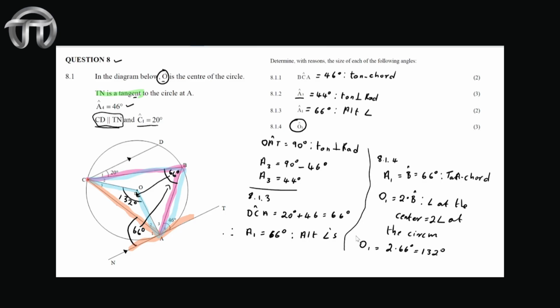And that is how you answer this question, boys and girls. Let's see each other in the next segment. Before I close that, this is 132 degrees.